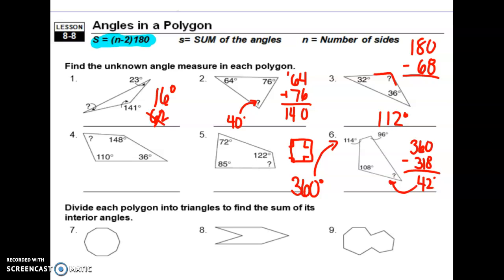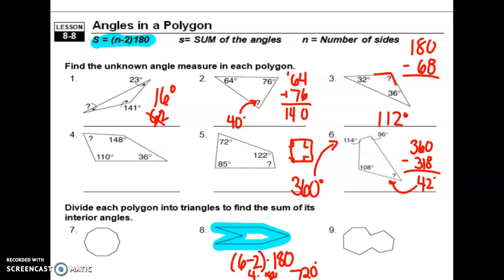You can take the number of sides on the shape, take 2 away from it, and multiply that by 180. So if I looked at number 8, I've got 1, 2, 3, 4, 5, 6 sides. So if I plugged in 6 minus 2 and times it by 180, I would get 4 times 180, and 180 times 4 would give me 720 degrees.